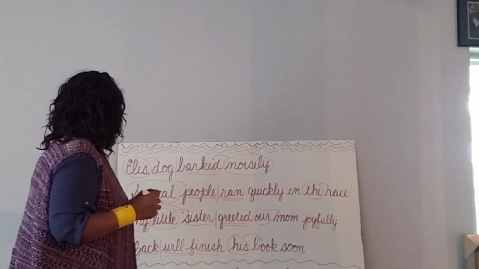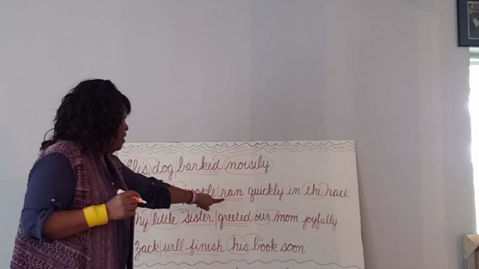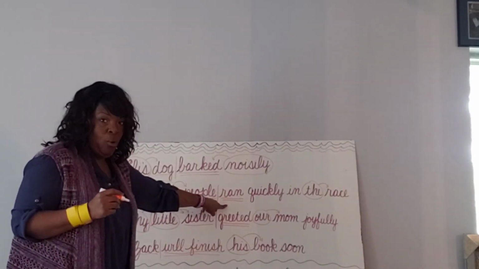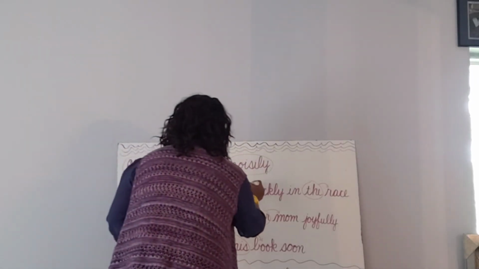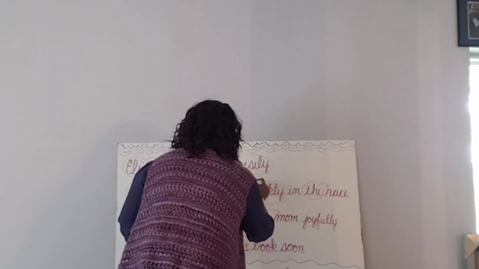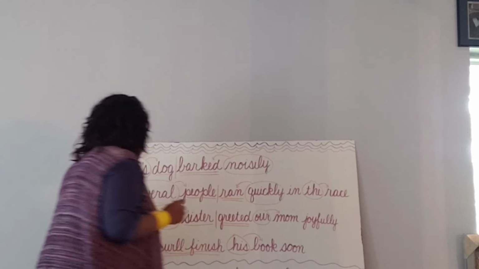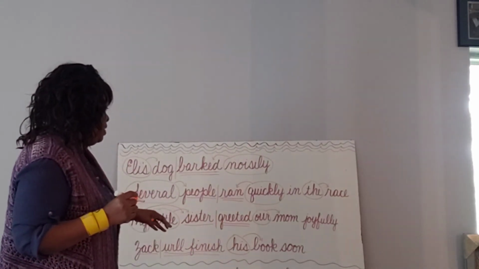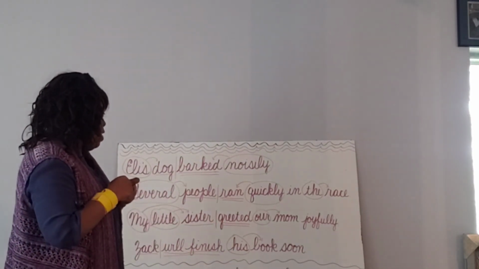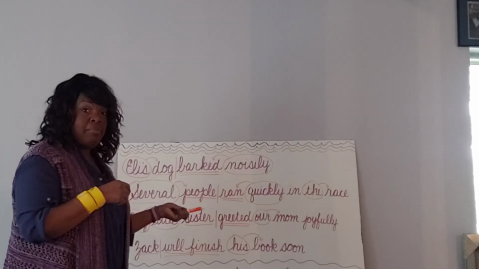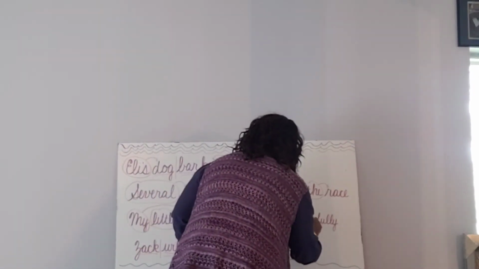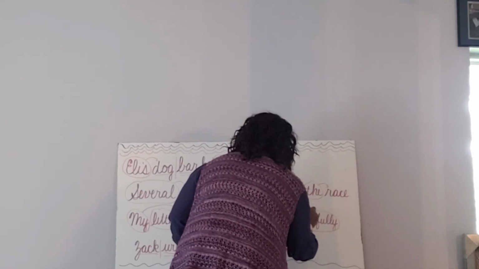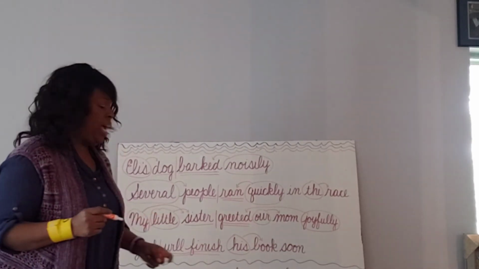Okay. Then we have ran. Ran how? Ran quickly. Very good. And then greeted. Is there anything that talks about how the sister greeted mom? Yes, greeted how? Joyfully. Not angrily, not sadly, okay?